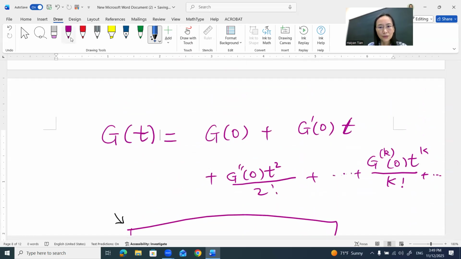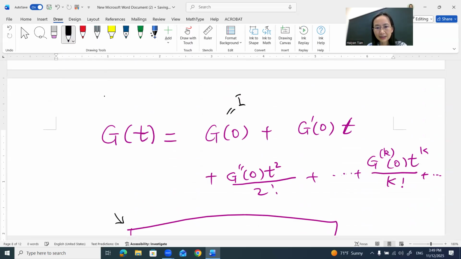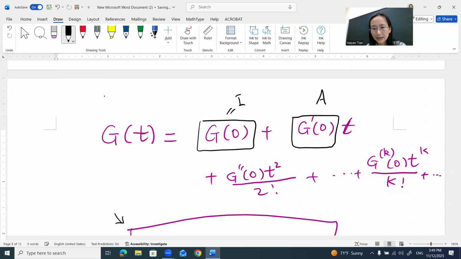Let's put in: this one is identity, and this one is A, this one is A squared, and the K-th derivative of the matrix will be A to the K-th power.